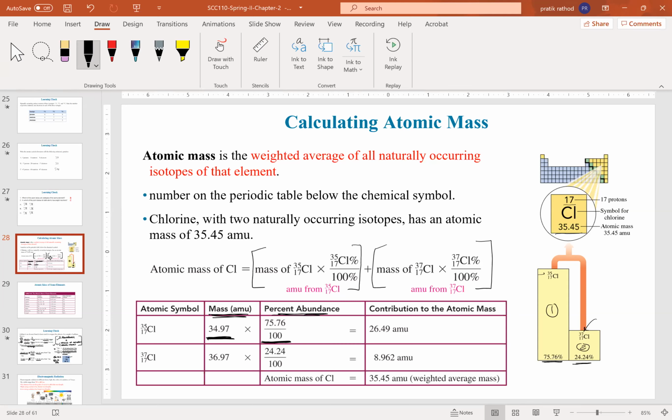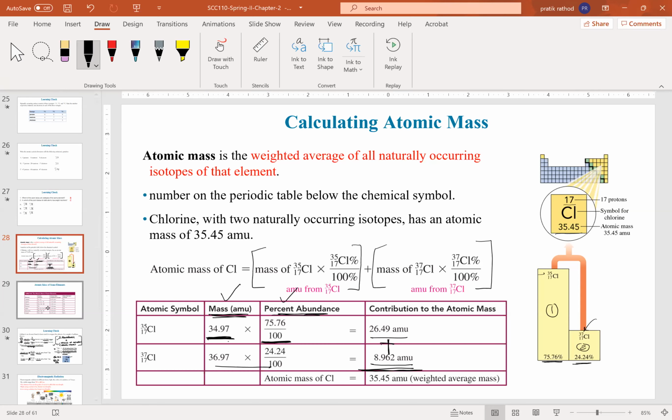So both of these numbers, the mass and the percentage abundance of both isotopes, or if there are three, then all three isotopes, will be given to you. All you have to do is multiply them, get the number, multiply them, get the number. And once you get that number, add those numbers and find out the average atomic mass. All right. Do you guys follow this?